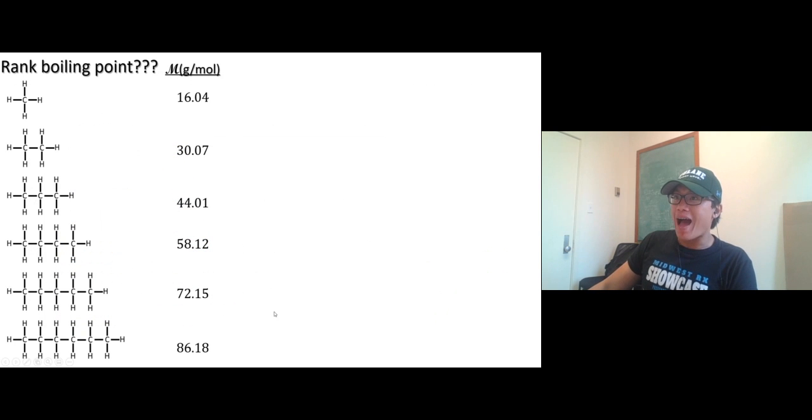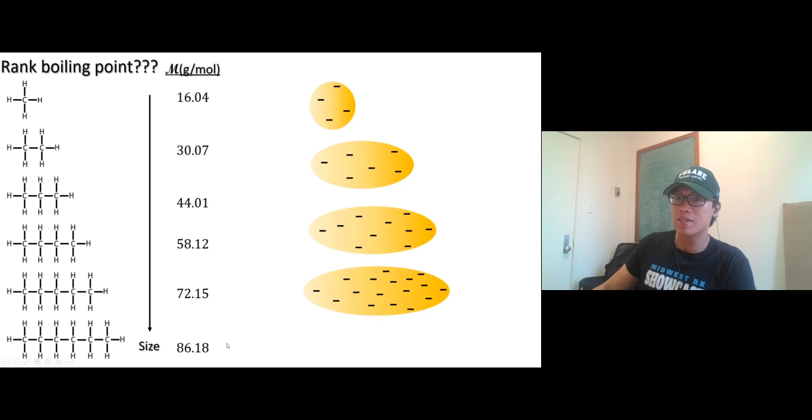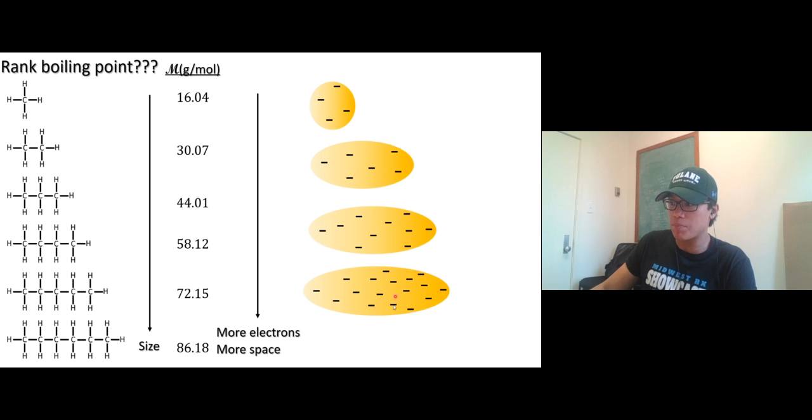Now, if I ask you to guess who has the highest boiling point here, well, the one down here, because it's the largest. If you look at the molecular weight, methane is really small, 16 grams per mole. But this one, 1, 2, 3, 4, 5, 6, hexane, is 86.18 grams per mole. The size is big in here. Of course, it has more electrons, more space.